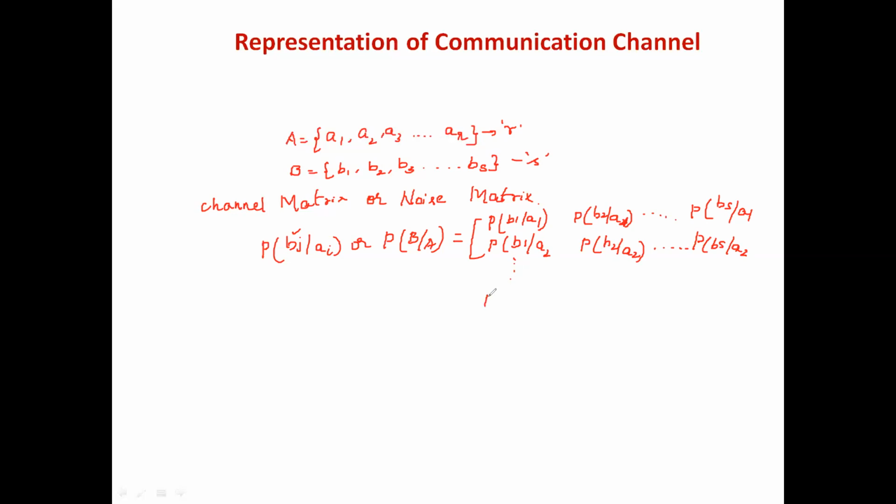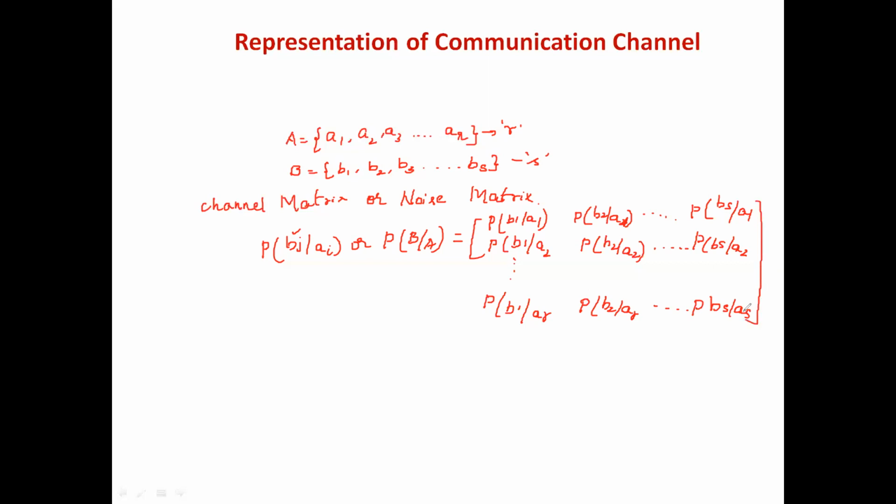Likewise, we have probability of B1 given AR, since we have R number of input symbols, probability of B2 given AR, up to probability of BS given AR.